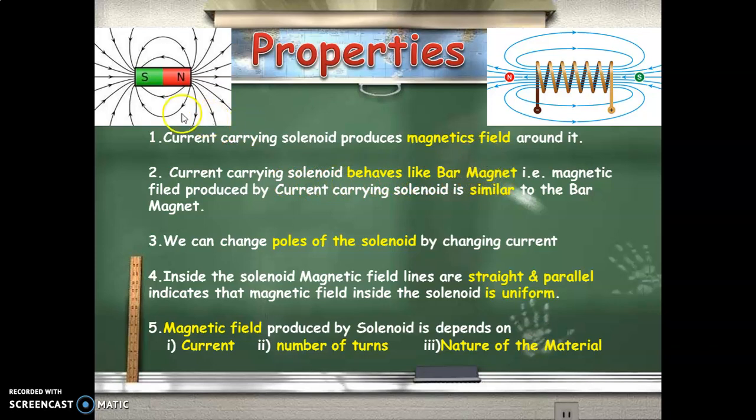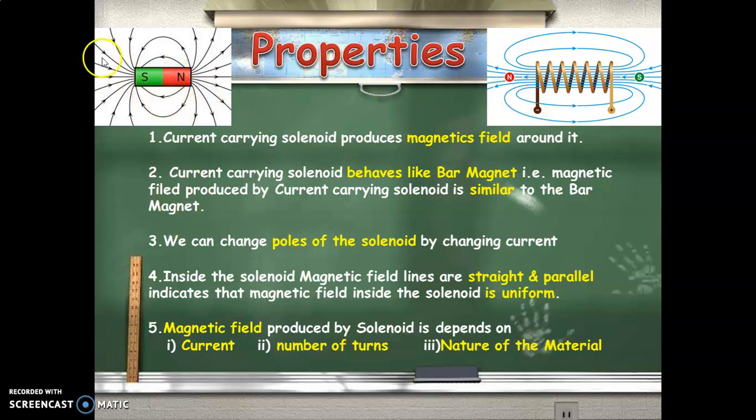If you see, the magnetic field produced due to a bar magnet is a bit similar to the magnetic field produced due to a current carrying solenoid. That's why we can say a current carrying solenoid behaves like a bar magnet, similar in terms of magnetic field lines.